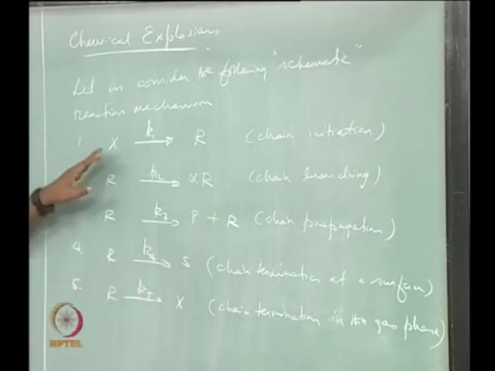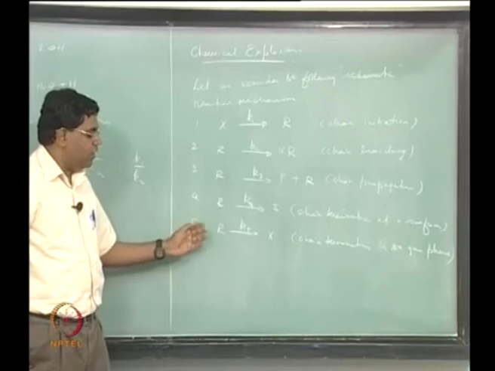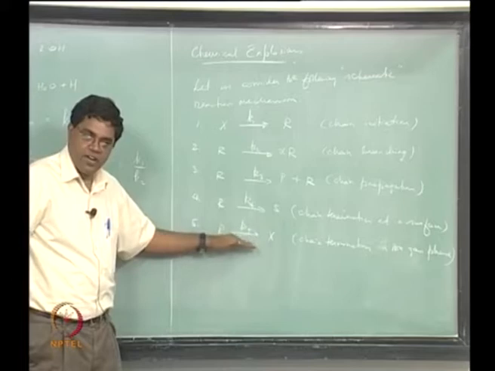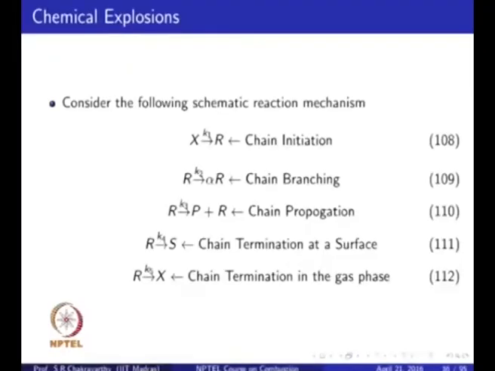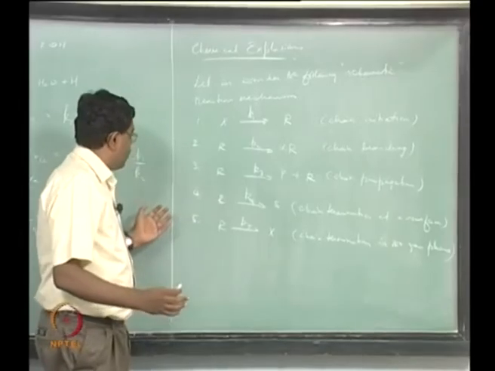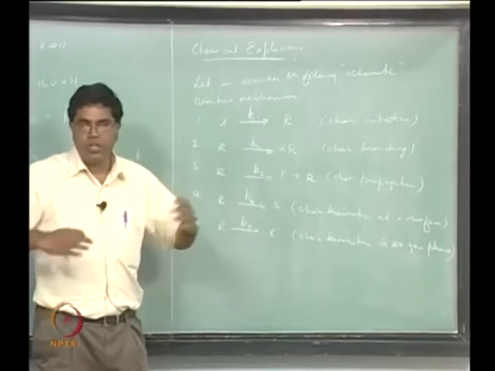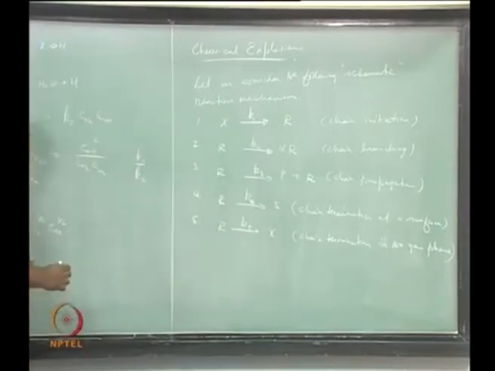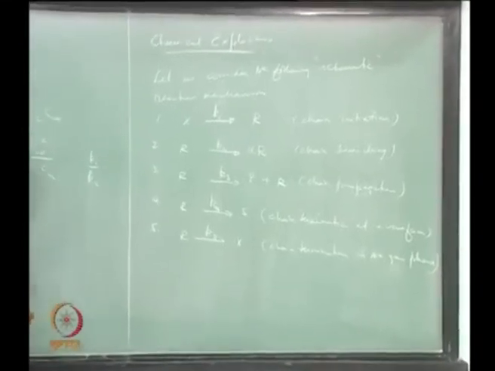So you could have started with any X giving rise to intermediates, and R could go back to any X. So in that sense this is not strictly a reverse of that, because this X could be anything. But we are making a distinction on the way the intermediates are getting terminated, either at the surface around anywhere or in the gas phase by colliding with other molecules around and disappearing, becoming some stable species.